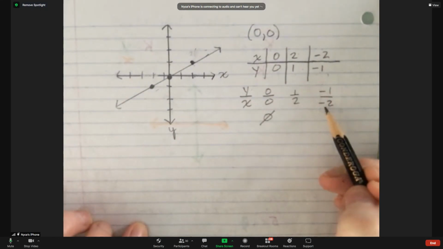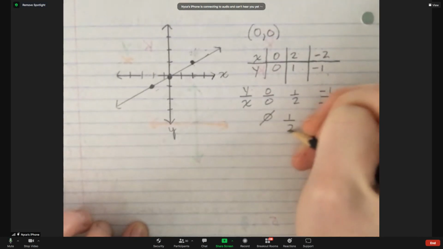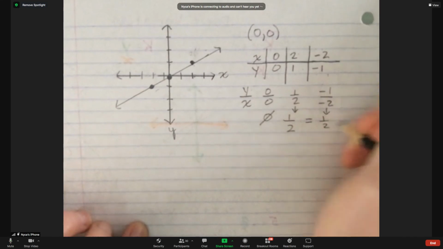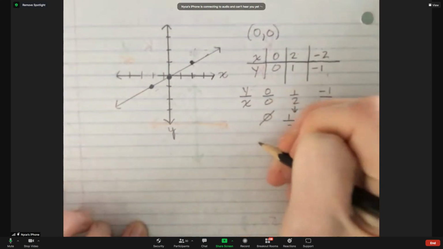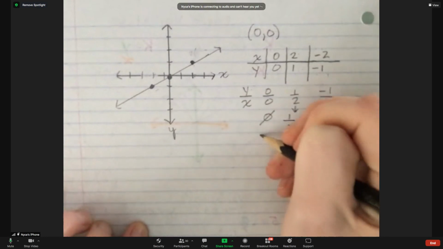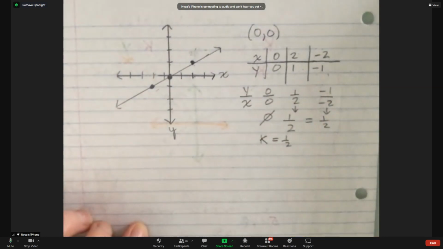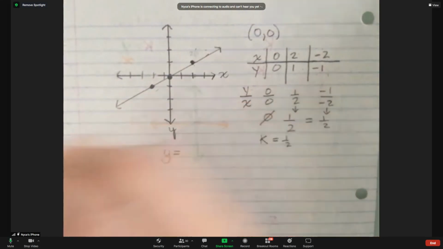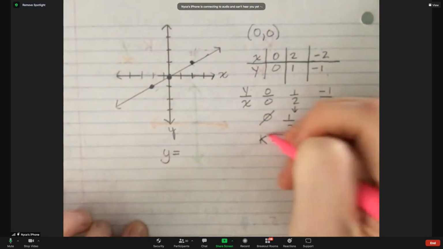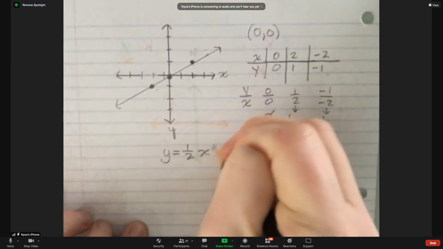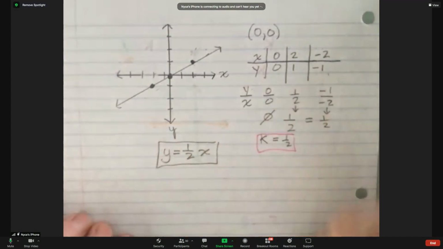Remember, a negative divided by a negative becomes a positive. So is 1/2 equal to 1/2? Yes. So now we know this is direct variation, and your K is 1/2. So what is the equation for this now that we have the K? It's Y equals, what is your K? 1/2 X. So you should be getting equations.